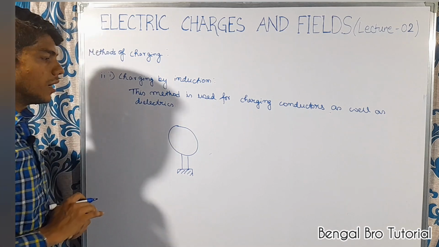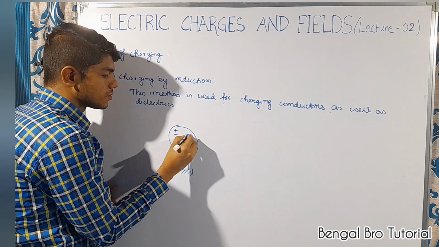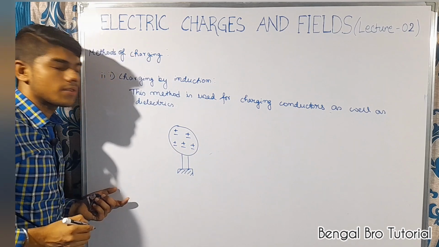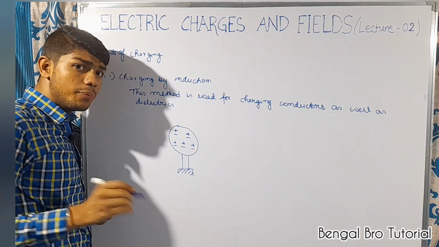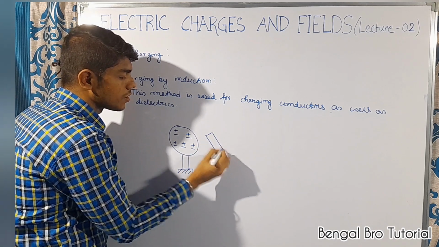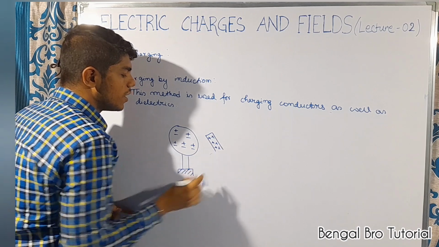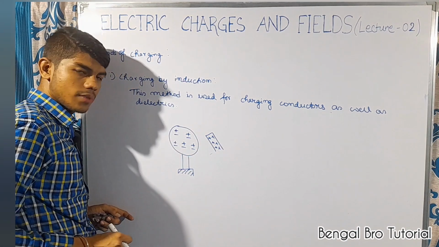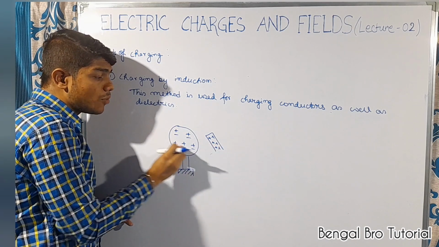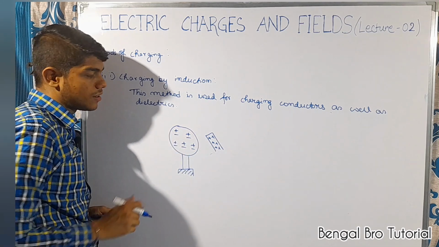Okay. Now initially this conductor has the same number of protons as well as electrons. Now if we bring a charged conductor, say a positively charged conductor, very close to this neutral body, this positive charge will attract some of the electrons in the conductor near its close end.